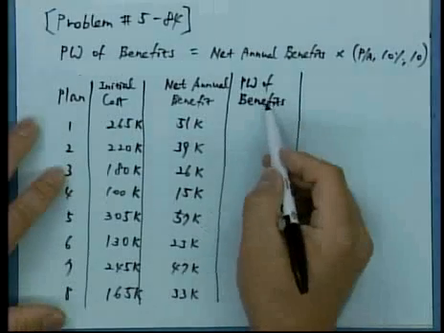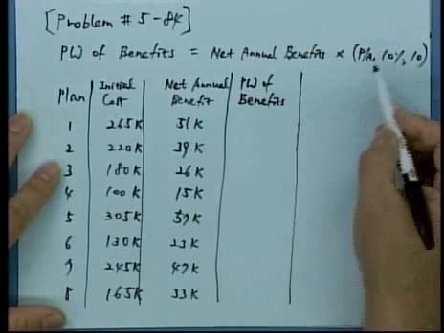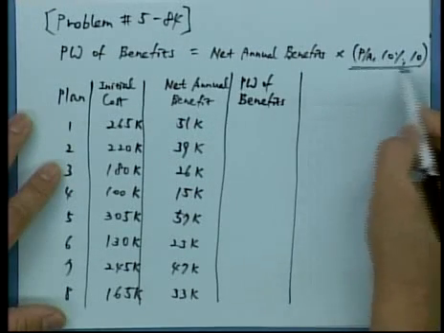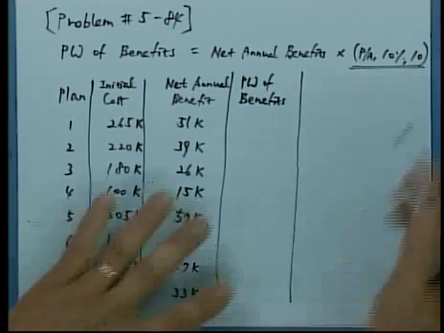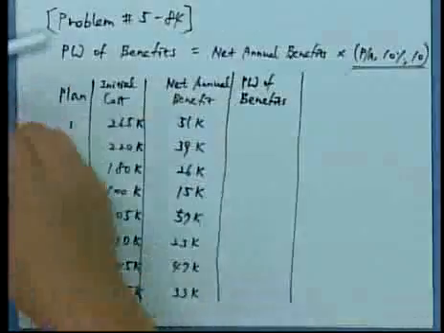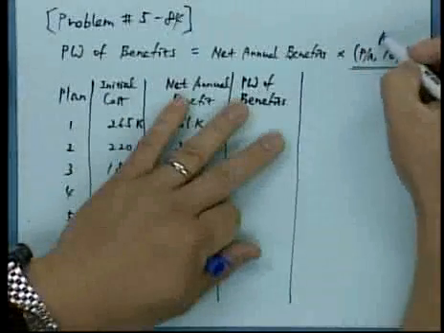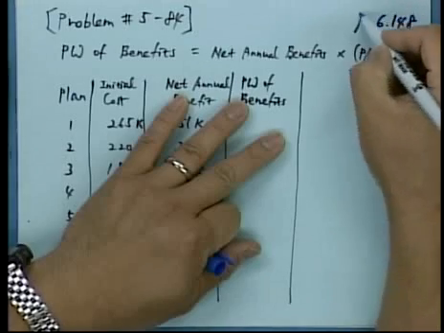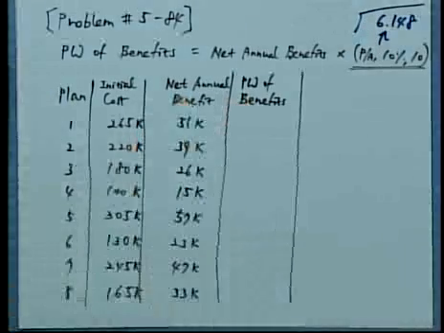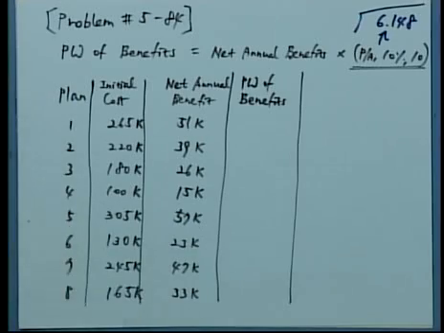So in order to get this present worth benefit, we need to get this table value. Okay. P given A 10% over 10 periods is given as 6.145. This is the 6.145 from the compound interest table.